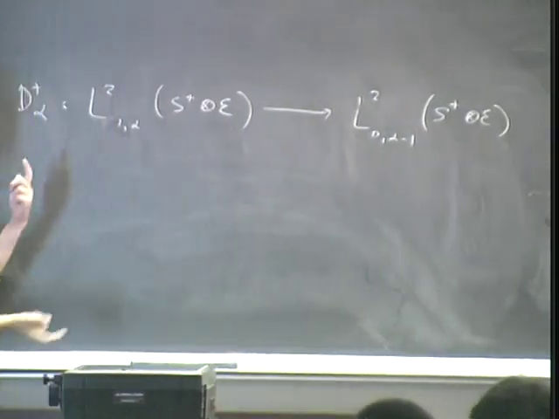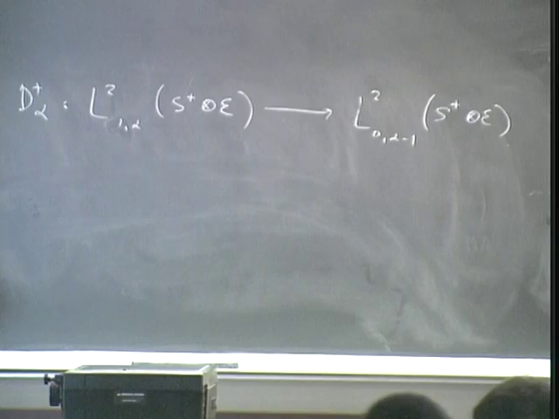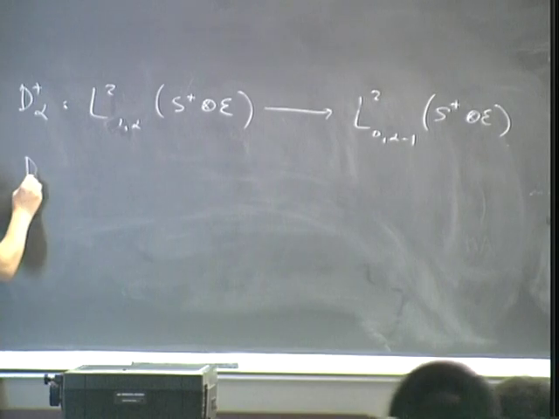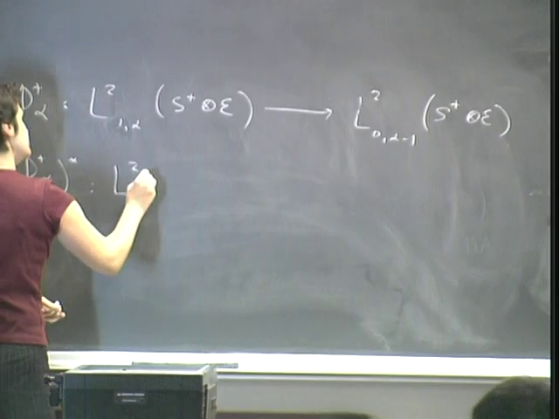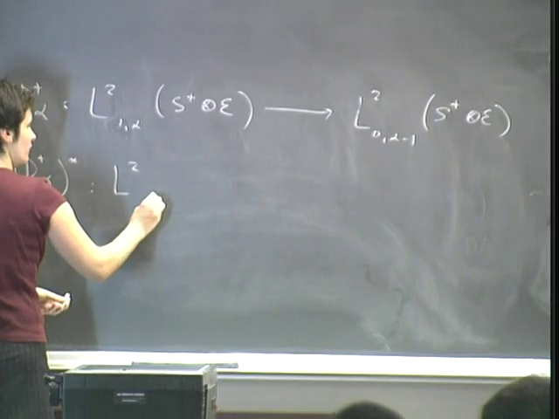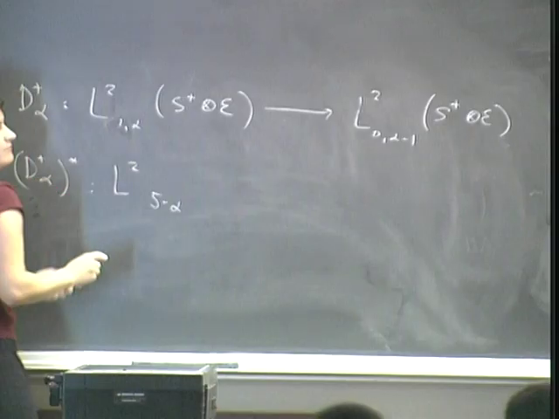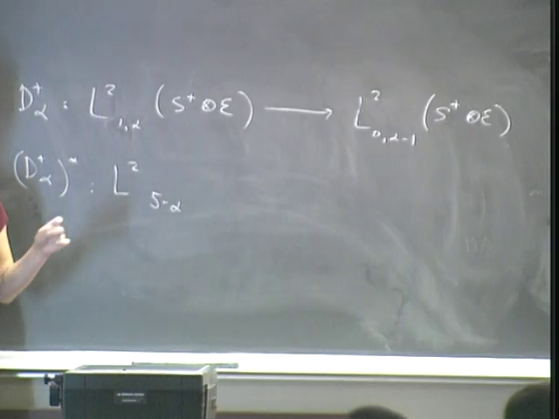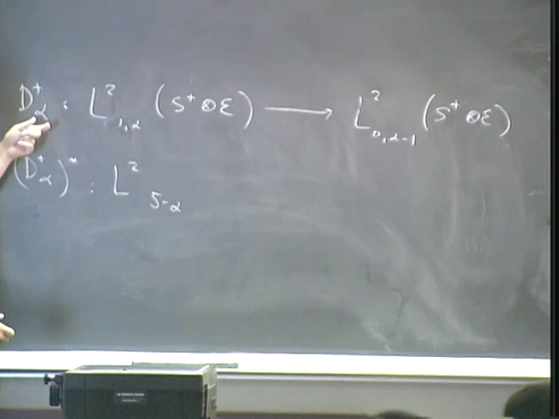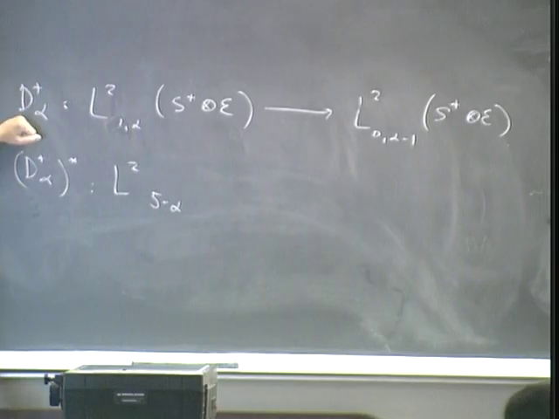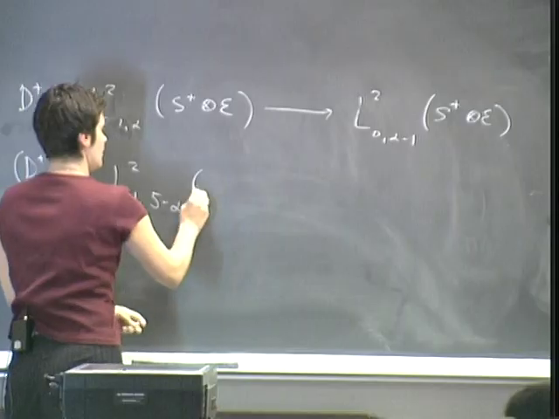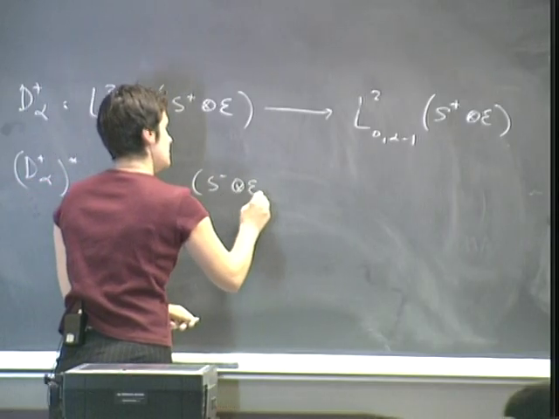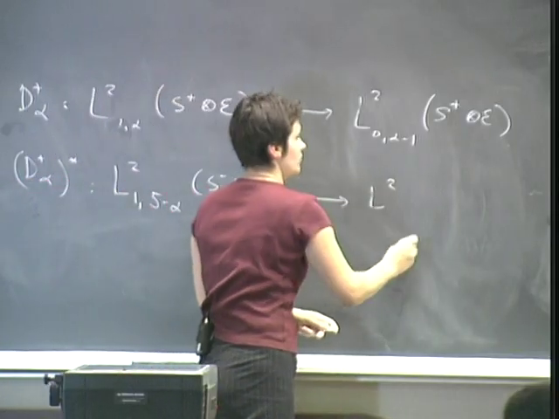But then when you take the dual of this operator, it turns out that the dual will be L2, it will go from 5 minus alpha. When you dualize, when you take the adjoint of this operator, then this will go S minus tensor E, L2 whatever.